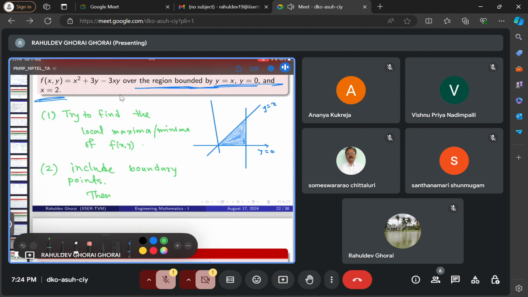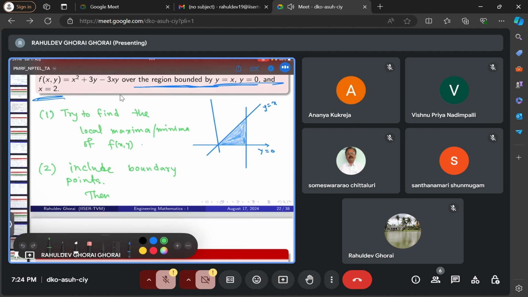Then it might happen that there are absolute maxima. See, there can be many maxima. Maybe you are getting two or three local maxima, one might be here, one might be in this boundary, one might be in this boundary. So if you have these three points, let's say A, B, C, then we find out f at A, f at B, and f at C, and see which one is the maximum.